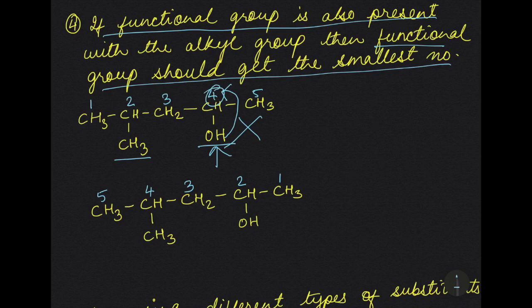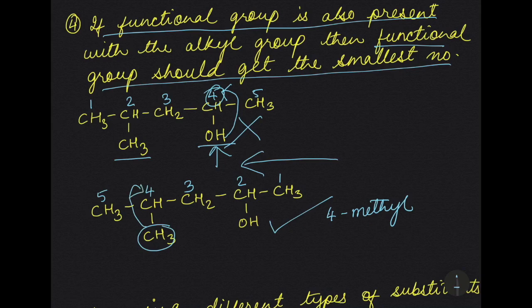It should get the smaller number. So we start numbering from this side. So this is correct. So this is now 4 methyl, because the methyl group is attached to the 4th carbon.